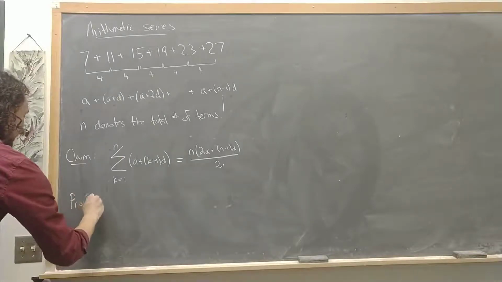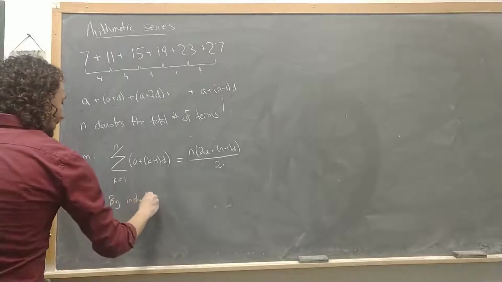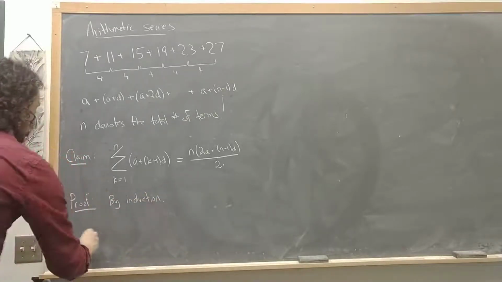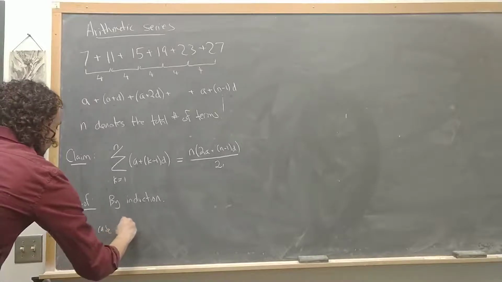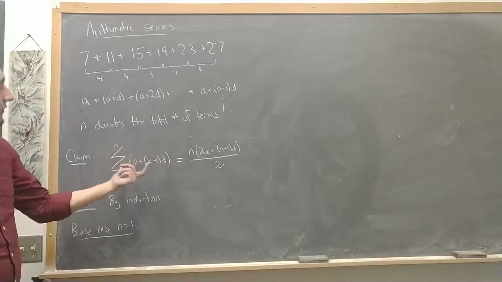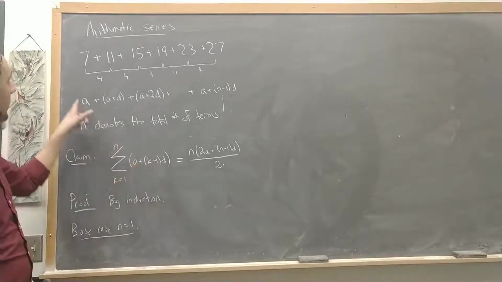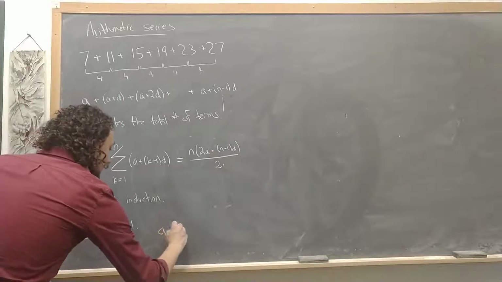So the proof is by induction. The way that induction works is we start with our base case, n equals 1. At n equals 1, that's saying, what if you have an arithmetic series with only one term? Then that just looks like a.